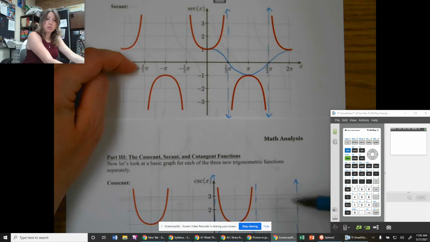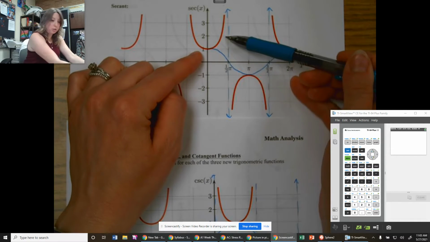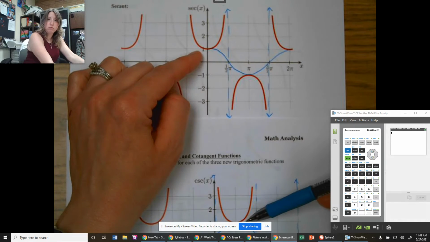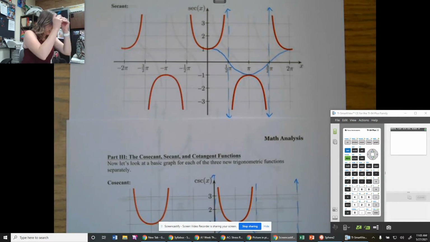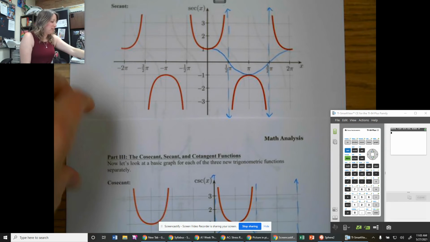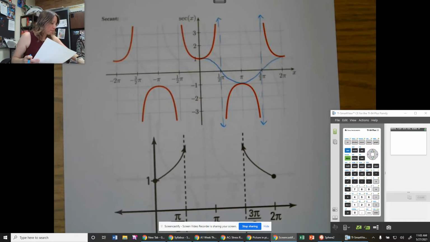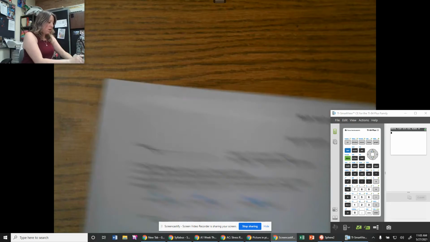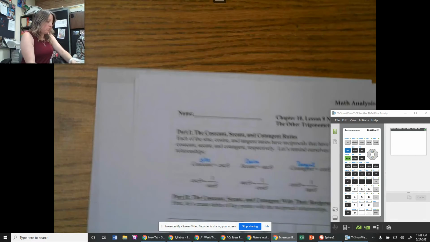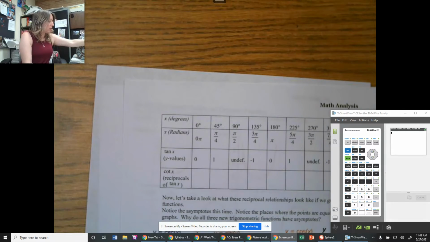Just 90 degrees apart from being the same function, just like sine and cosine are just 90 degrees apart from being the same function. Interesting how that works, huh? Okay. And of course, now we need to do the same for cotangent.